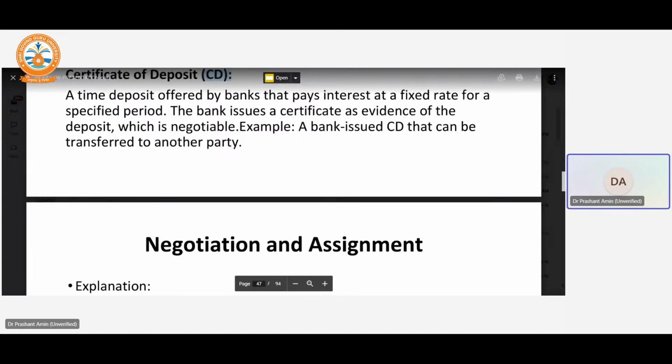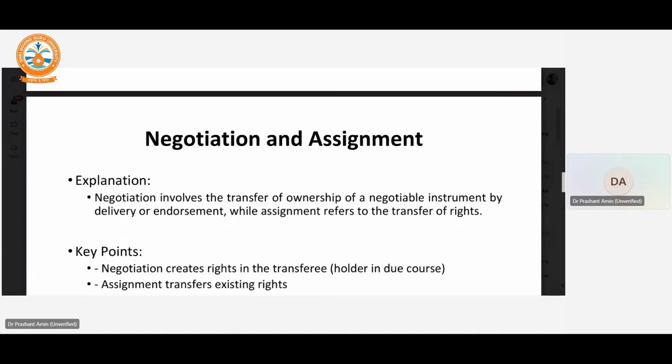Now in the Negotiable Instruments Act, section 138 is most important. Probably it may be asked in the examination also, because section 138 is check bounce.